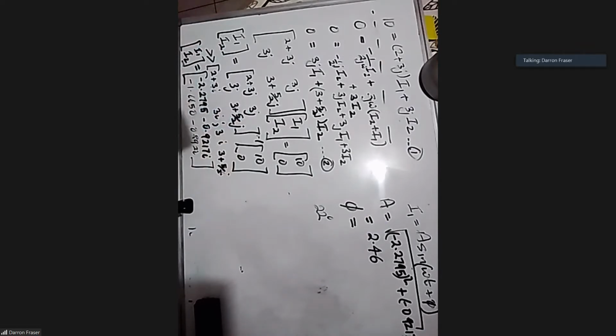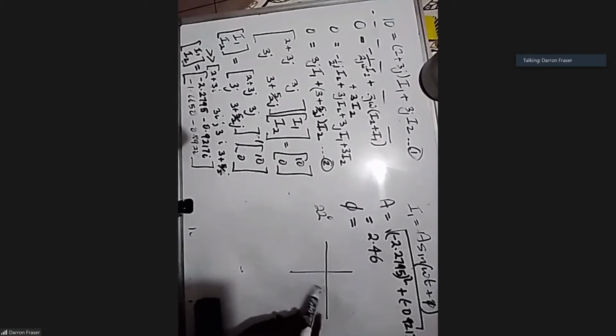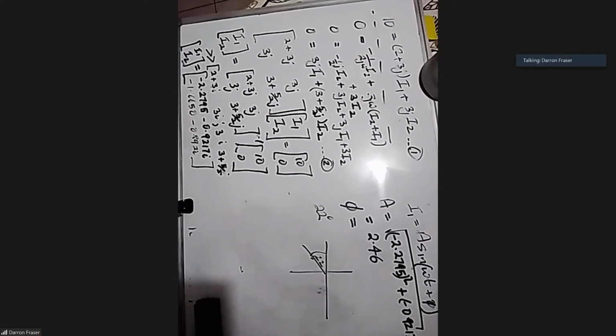Here's why: these two things are negative. So, in which quadrant are both x and y negative? Here. So it's 22 degrees there.